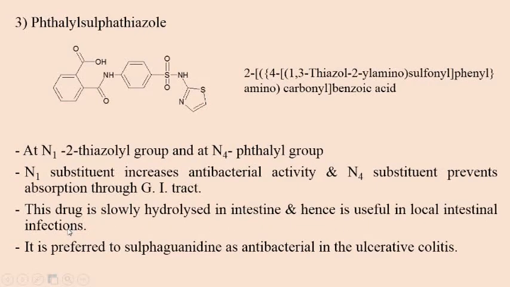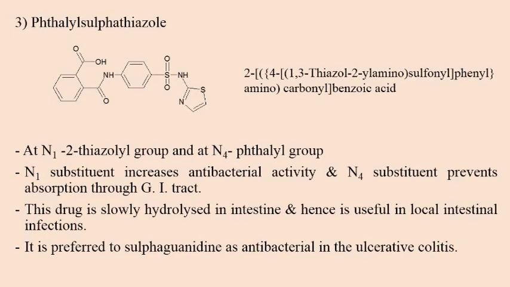It is preferred to sulphaguanidine, which we have previously discussed, as an antibacterial in ulcerative colitis. Whenever there is an abrasion or rupture of the internal walls of the stomach or intestine, that is called ulcerative colitis.